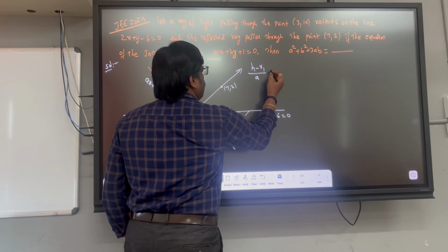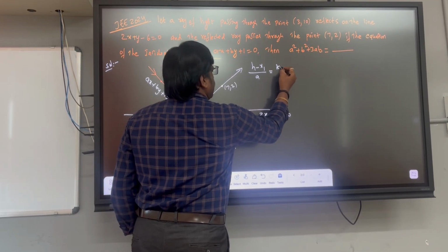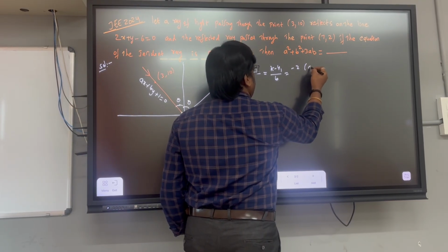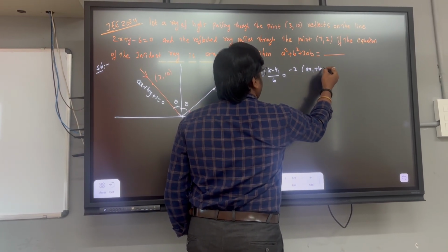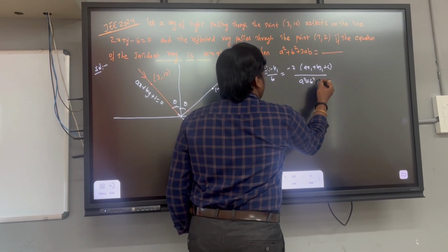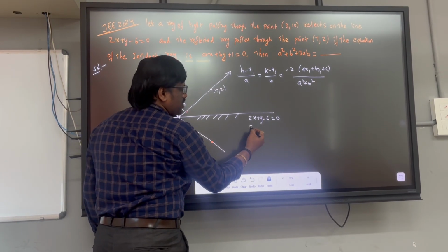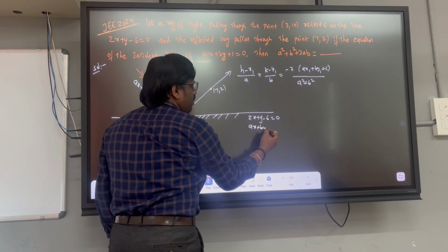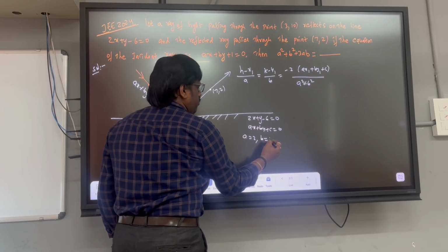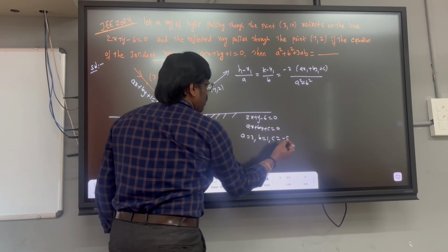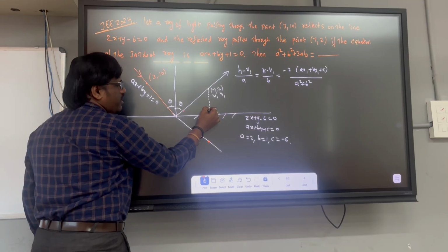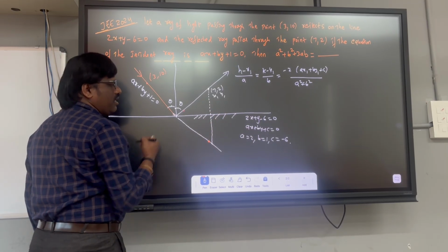(h - x1)/a = (k - y1)/b = -2(ax1 + by1 + c)/(a² + b²). Now if you compare this with ax + by + c = 0, a = 2, b = 1, c = -6. This is the point (x1, y1), and you have to find the image of this point on this line.